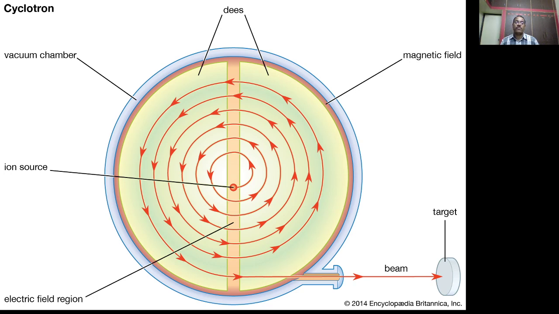And in this way, the simple cyclotron is used as an accelerator to generate high energetic particles, which are used for nuclear reactions to study the interior of the nucleus.